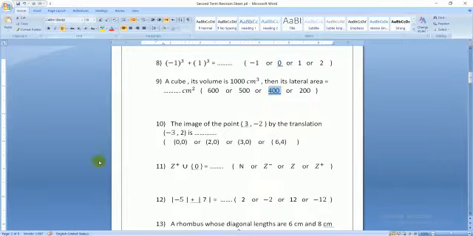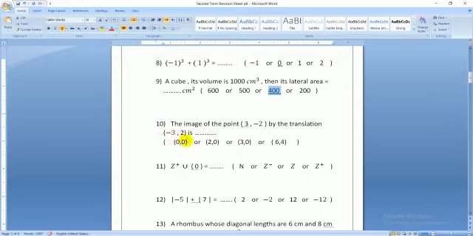Number 10. The image of the point (3, negative 2) by translation (negative 3, 2). Translation means movement. He wants to get the image of this point by moving this distance.